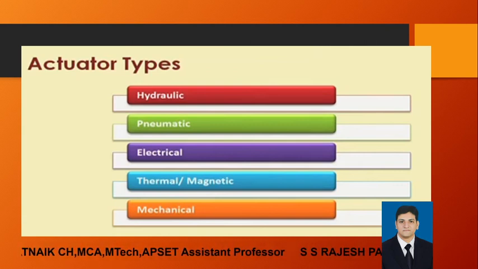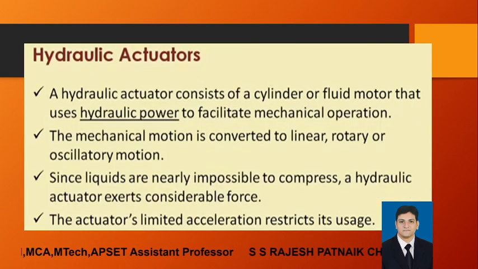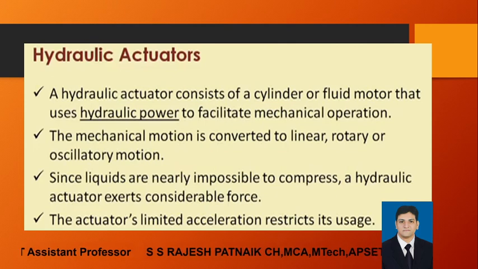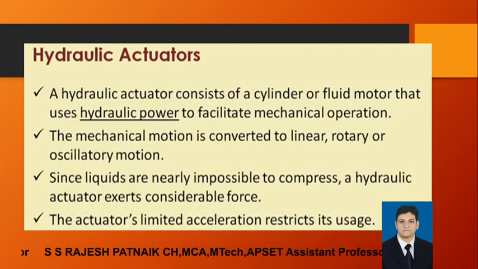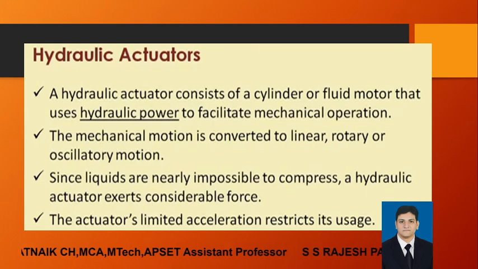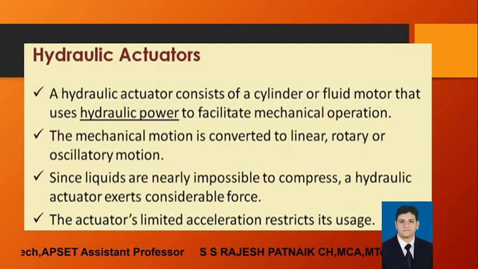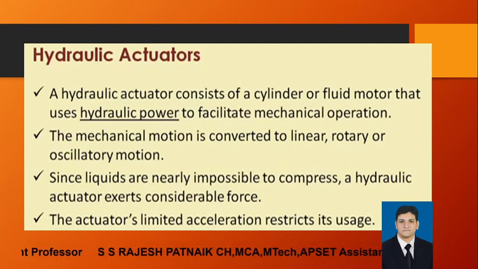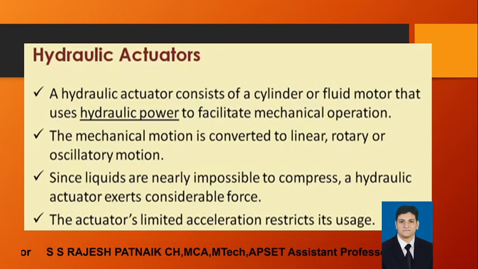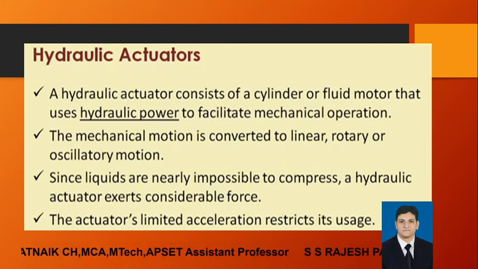So what is a hydraulic actuator? A hydraulic actuator consists of a cylinder or a fluid motor. So generally in many chemical industries, they want to get a certain fluid at a certain level, because they want to get a certain number of milliliters of a chemical to be produced to perform a certain action.